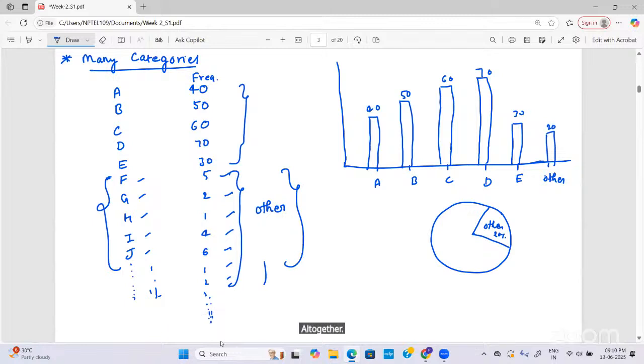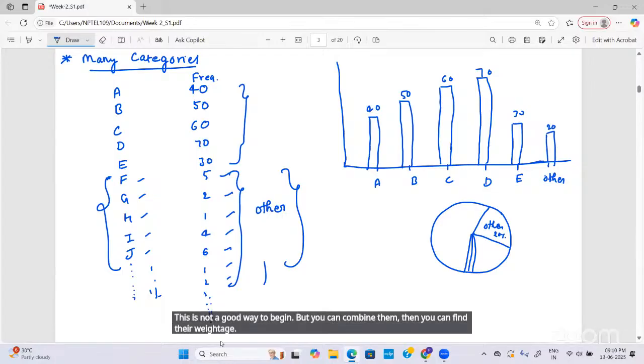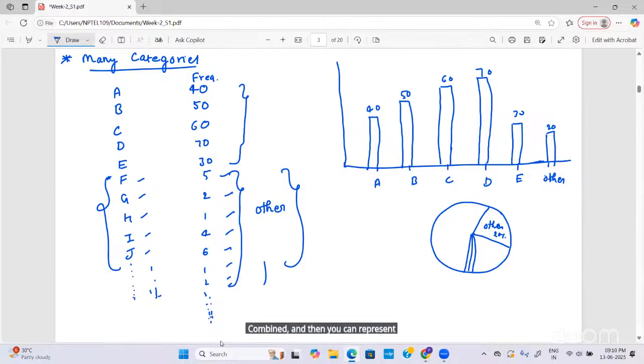You can represent it that way, but not for separate categories like this. This is not a good way to represent. But you can combine them, find their weightage combined, and represent them as a separate category called others.